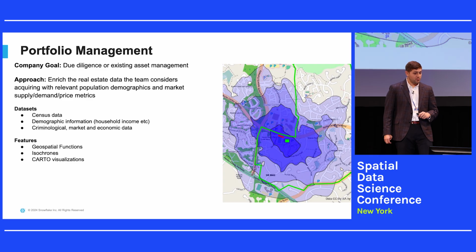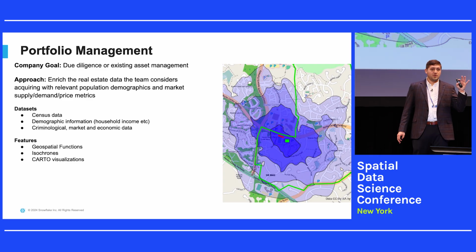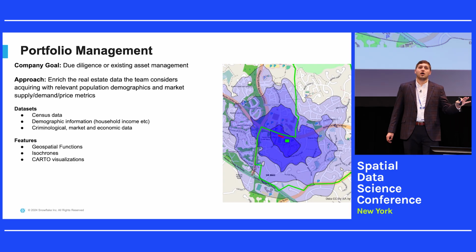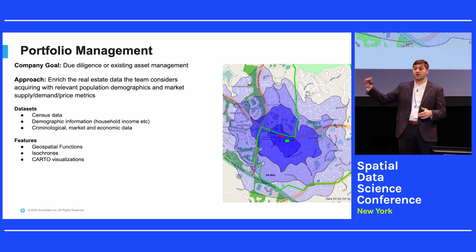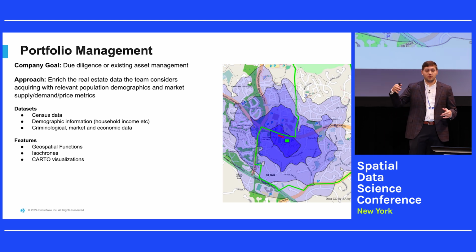The first is portfolio management. You think of this as having the goal of being able to do due diligence on your existing assets, but also on net new assets as well. And when you think about attacking that problem, you ask, what do I need to do that? First, that comes down to the content.